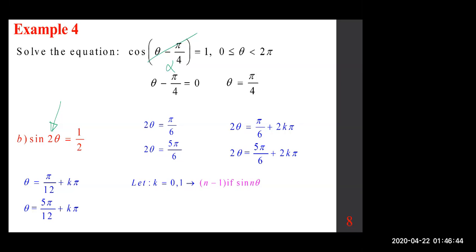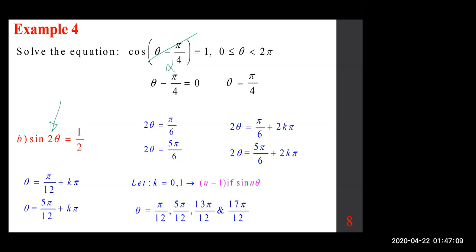In general, we replace k all the way to n minus 1 if it's sine n theta. I wrote that for you here. And so the answer is, if you replace k with 0 and 1 for the first one, you get pi over 12 and 13 pi over 12.